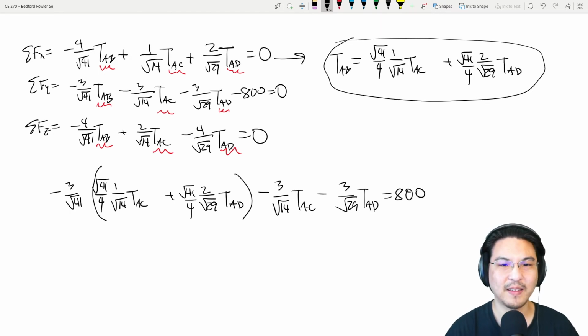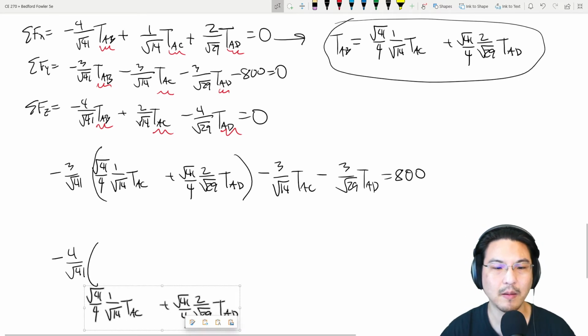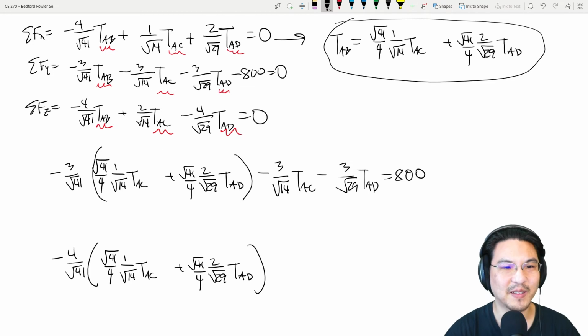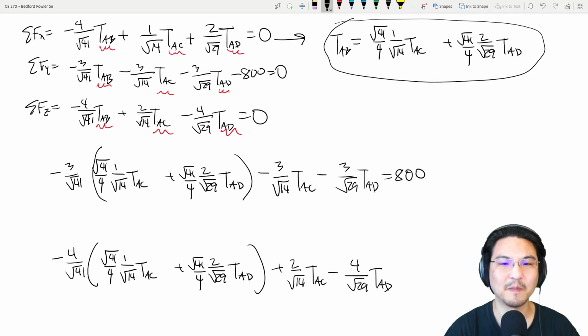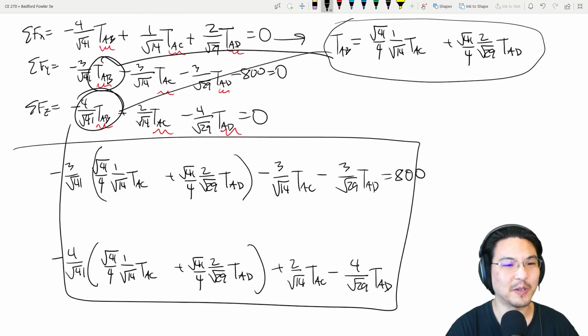Okay, and we will do the same here. Minus 4 over root 41 times TAB. There's TAB, which I got from right here. And then let me finish writing it. Plus 2 over root 14 TAC minus 4 over root 29 TAD. Okay, so I did substitution here and here, which gave me these two equations.